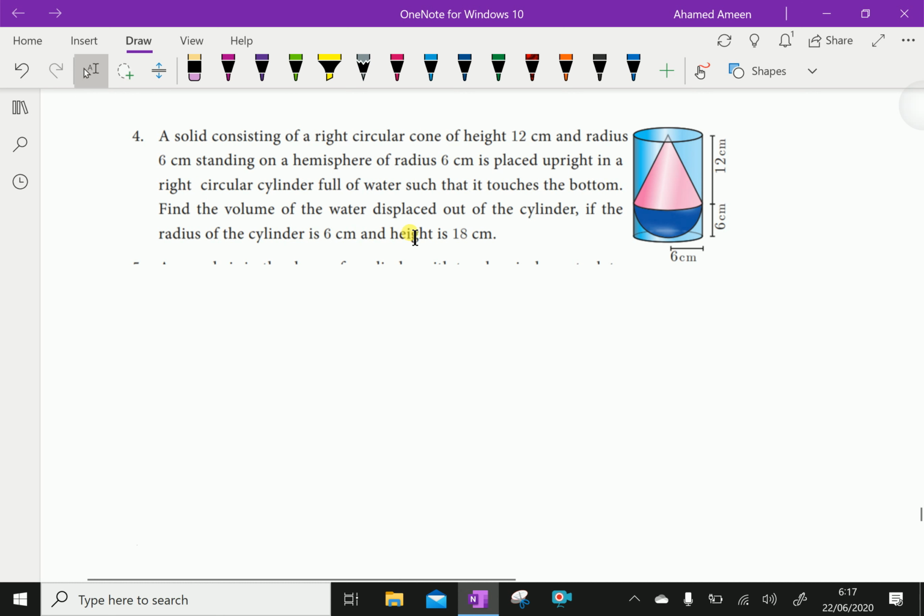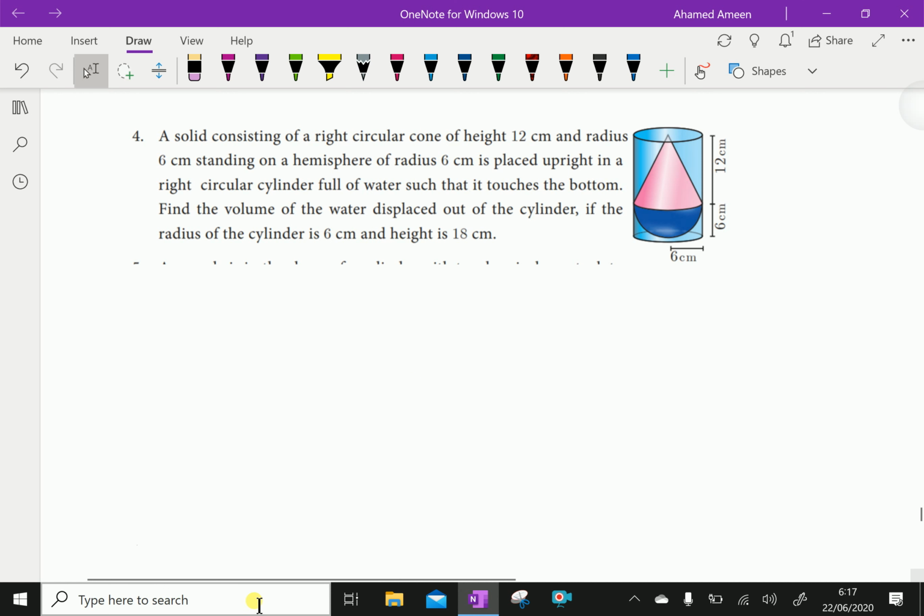Find the volume of water displaced out of the cylinder if the radius of the cylinder is 6 centimeter and height is 18 centimeter. Suppose the cylinder is full of water and the combined solid of cone and hemisphere is put inside the water, so water is displaced. The volume of water displaced is nothing but the volume of cone plus volume of hemisphere.